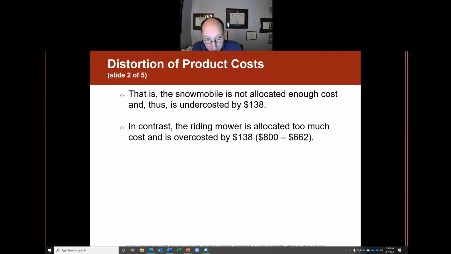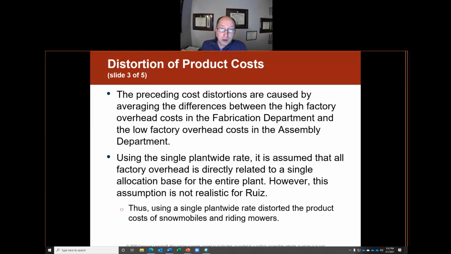Okay, and so that's basically what this slide tells us: for the snowmobile, we did not apply enough factory overhead, and for the riding lawnmower, we applied too much. That's why it's important to look at these multiple methods side by side to understand which method is best for the company to utilize when it comes to applying factory overhead to the individual products that it sells.